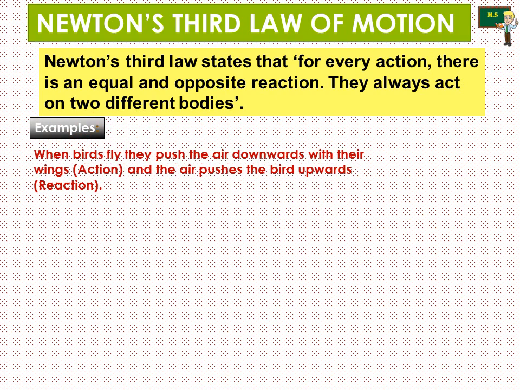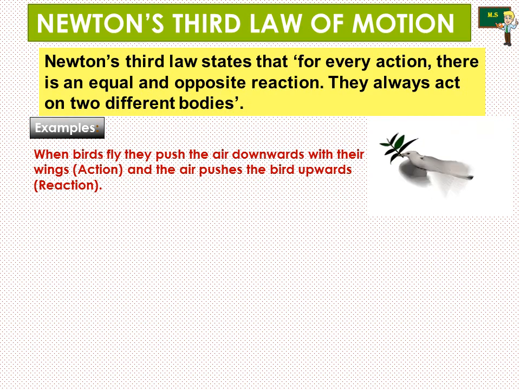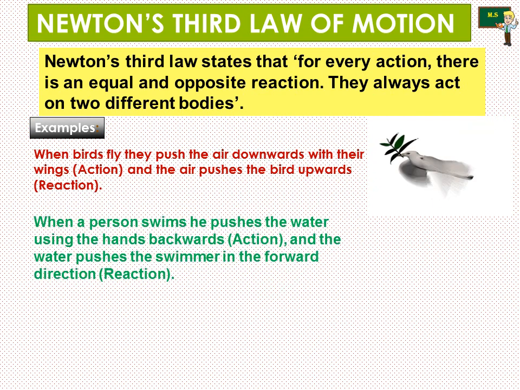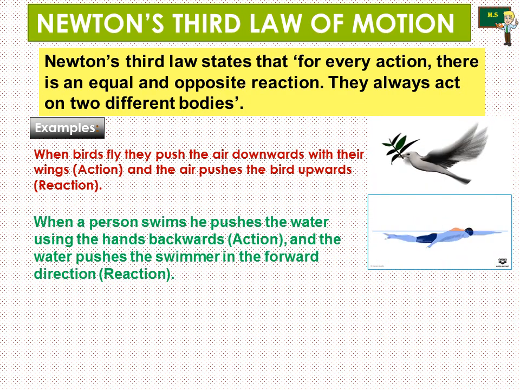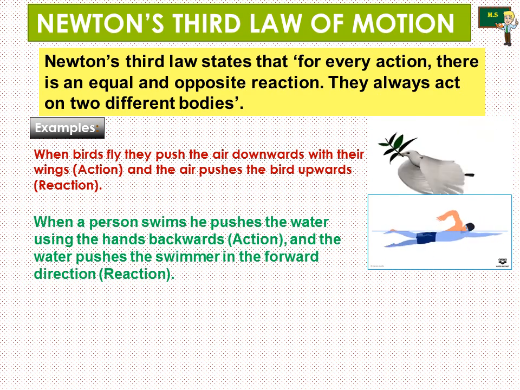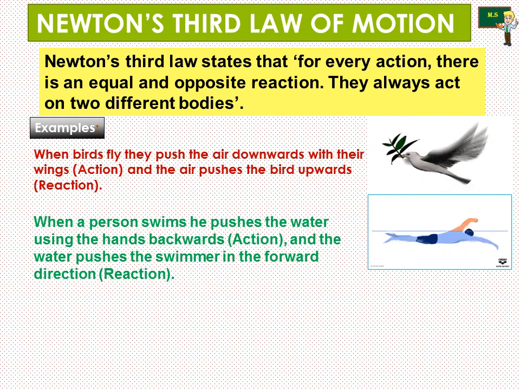First example is when birds fly, they push the air downwards with their wings. This is an action. And the air pushes the birds upward, which is called the reaction. Second example is when a person swims, he pushes the water backward using the hands. This is action. And the water pushes the swimmer in the forward direction, which is the reaction.